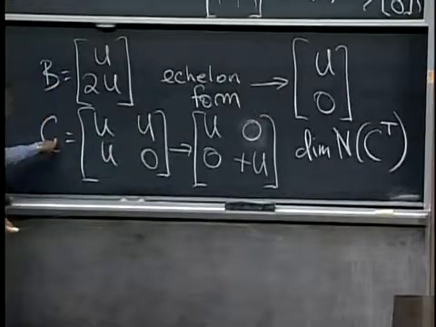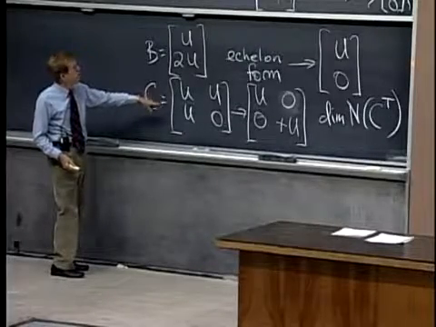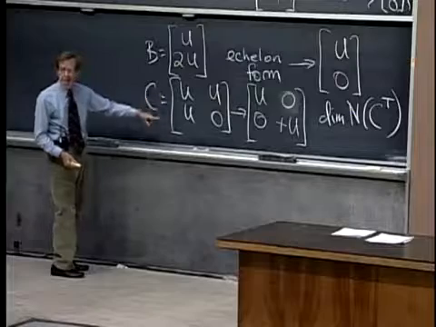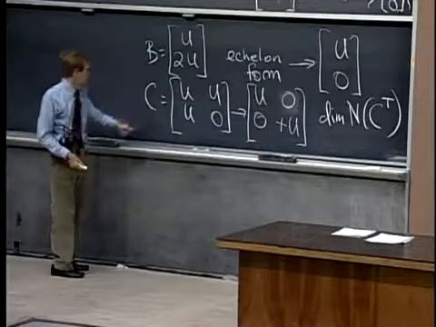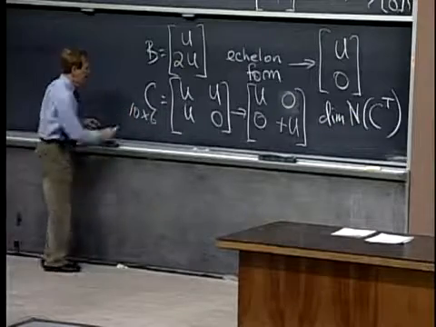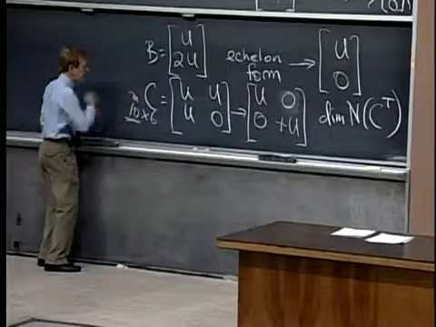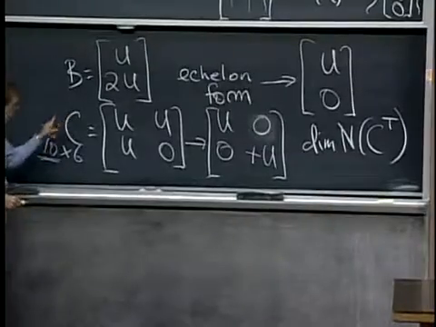So what's the size of the matrix C? It looks like it's 10 by 6, is it? 10 by 6. So C is 10 by 6. So M is 10. So C has 10 rows.